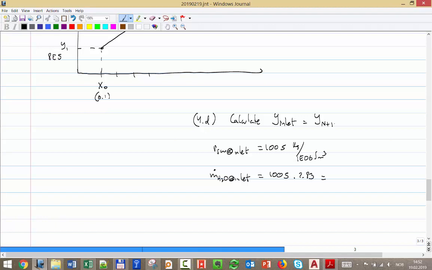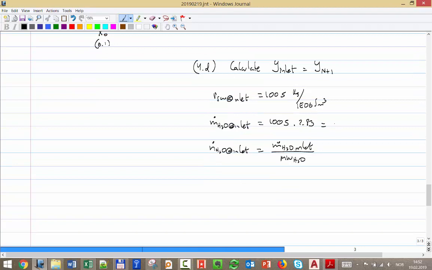Then I can take the number of moles of H2O at the inlet, which will be mH2O at the inlet divided by the molecular weight of water. And finally, I find the Y at the inlet, which is the number of moles of H2O at the inlet divided by the number of moles of H2O at the inlet plus the number of moles of gas at the inlet.